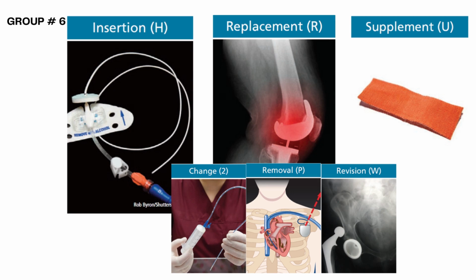There are six root operations in this group: insertion, replacement, supplement, change, removal, and revision. If you observe carefully, all the six root operations talk about a specific device either being inserted, removed, replaced, or changed.